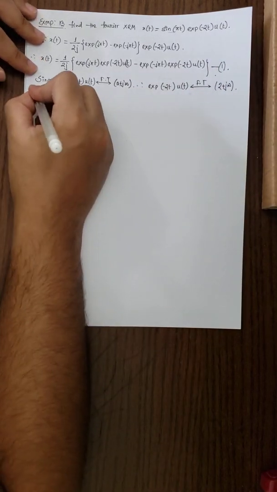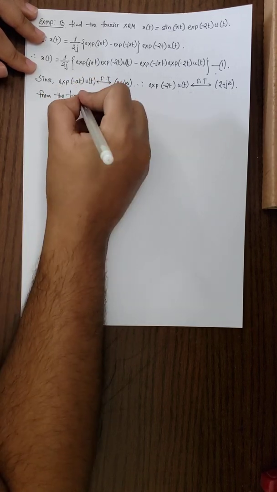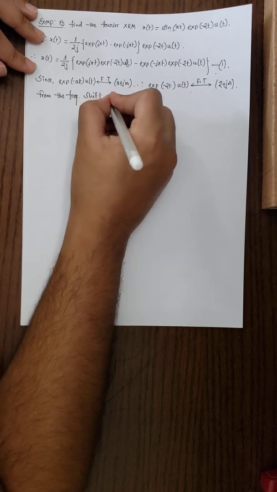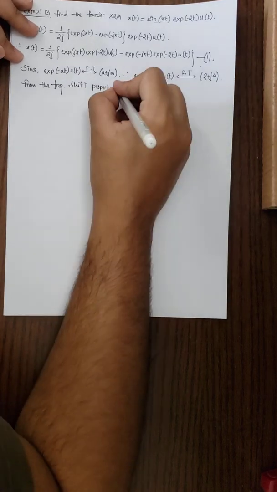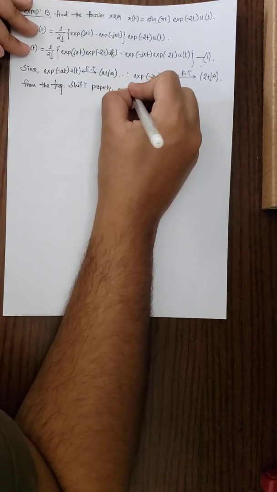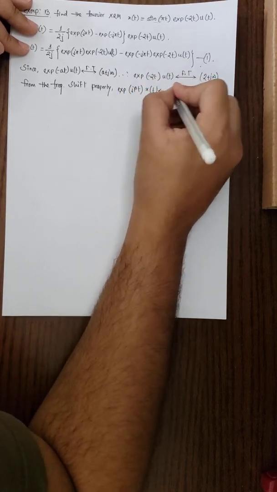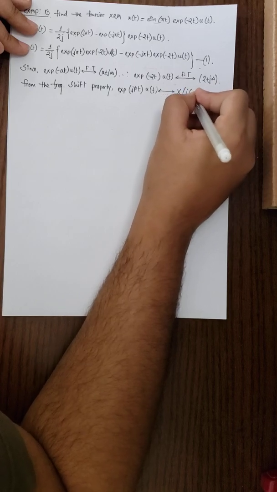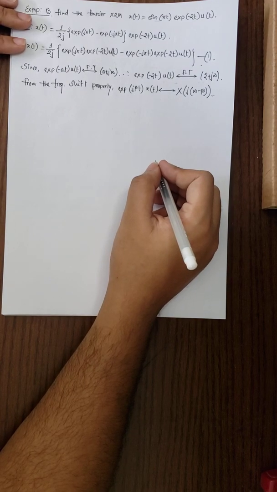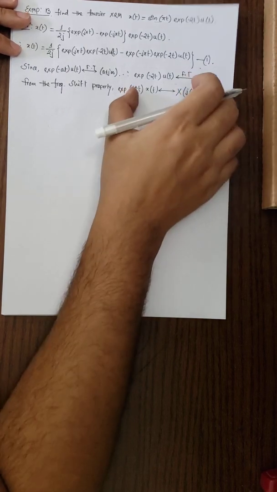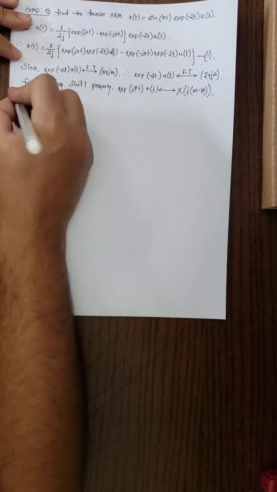Now, from the frequency shift property, we can write e to the power j beta t times x of t will have a Fourier transform x of j omega minus beta, and now using this property we'll try and find out the Fourier transform of the expression of equation 1.